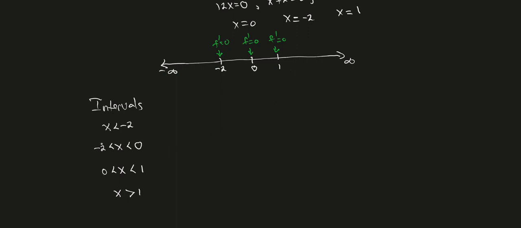And then these intervals here are bounded intervals, right? Okay, so these are the intervals, and let's now identify test points that we can use to check to see whether our derivative is positive or negative.